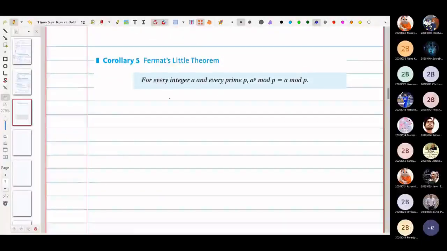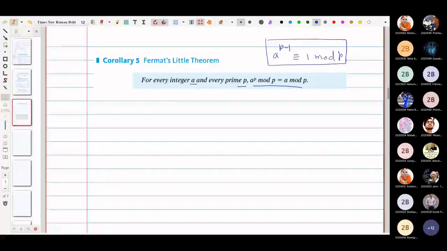It says that for every integer A and every prime P, this should hold: sometimes you must have seen it written in books as A to the power P minus 1 is congruent to 1 modulo P. Essentially we are going to prove this result, and of course you can multiply both sides by A inverse to get the other form, but for that we will see how we can do this.